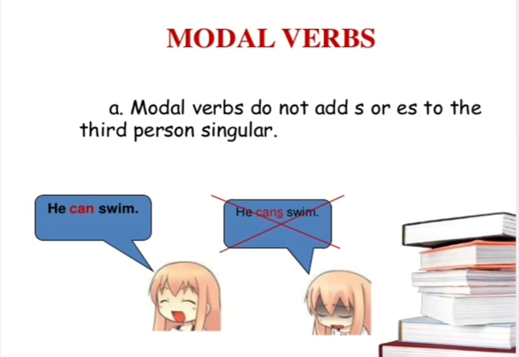This is obvious. Now when we are using modal auxiliaries to make sentences, we do not use s or es like we used to use s or es in simple present tense. So when we are making sentences using modal auxiliaries, the simple verb first form will be used with modal auxiliaries.